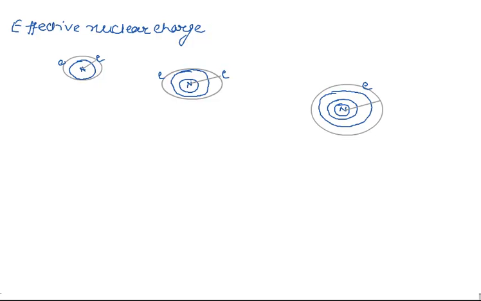Now what is the difference in all these 3, that is beryllium, magnesium, calcium?